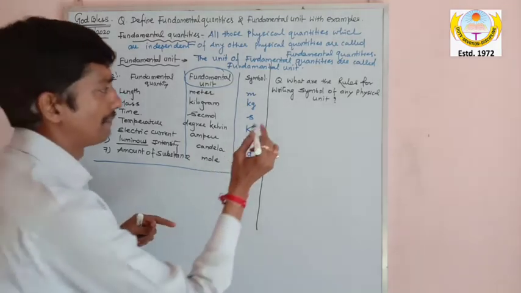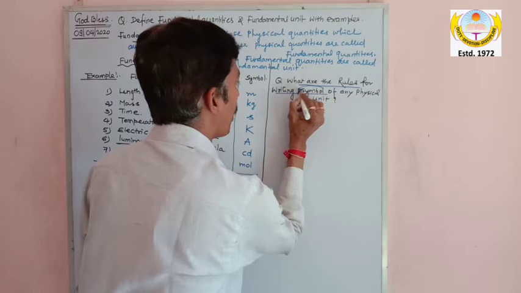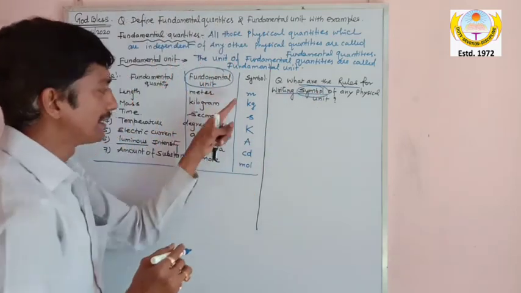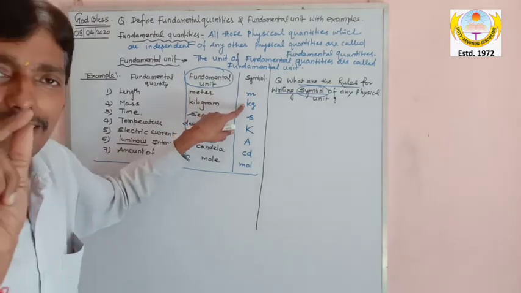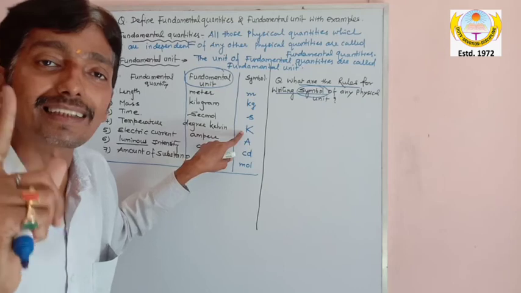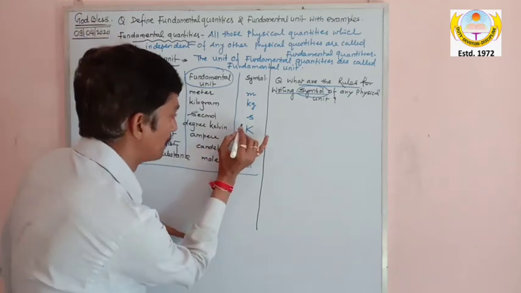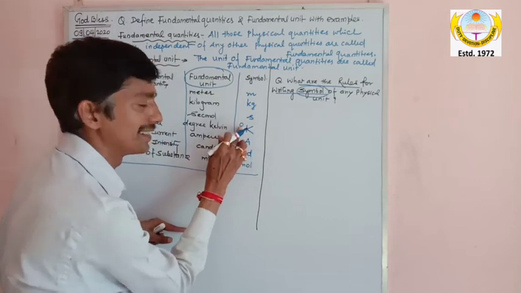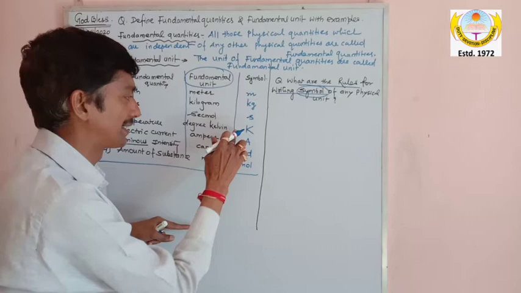Now, my dear, here I have written the question: what are the rules for writing symbols? You can see in my symbols, meter is small m, kilogram is small k, small g, second is small s, Kelvin has capital K. And I have not put any degree symbol. Here I have written degree Kelvin, but I have not put a degree symbol on Kelvin.